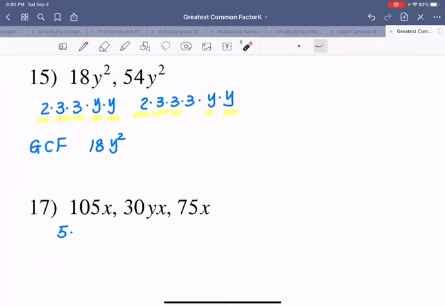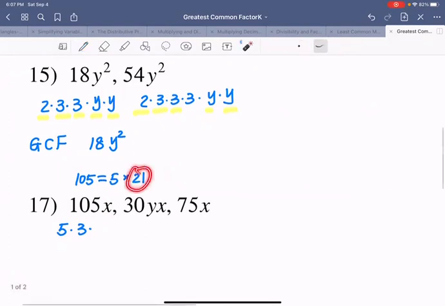This is divisible by 3, so I'm going to do 5 times 3 times what? Look, 105 is 5 times 21. 21 is 3 times 7. There you go.